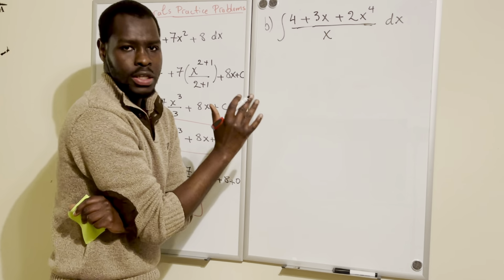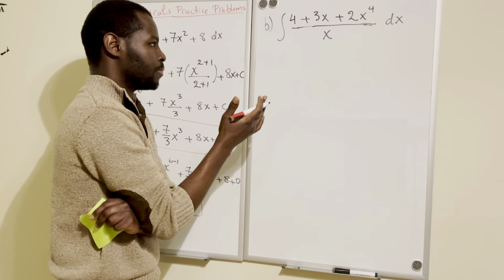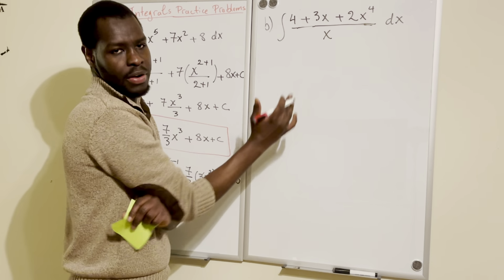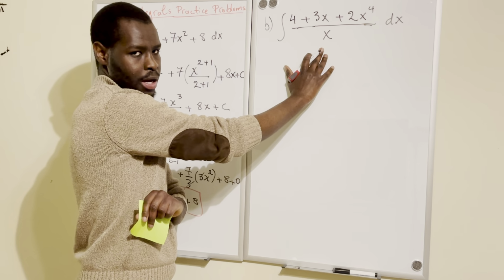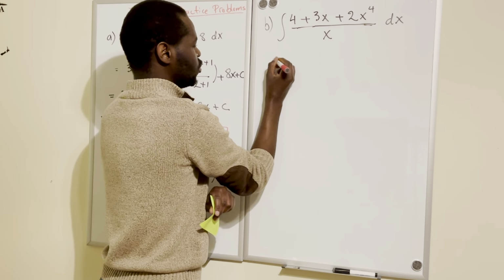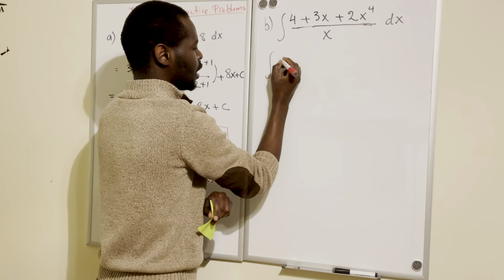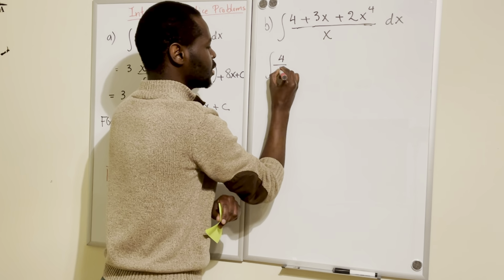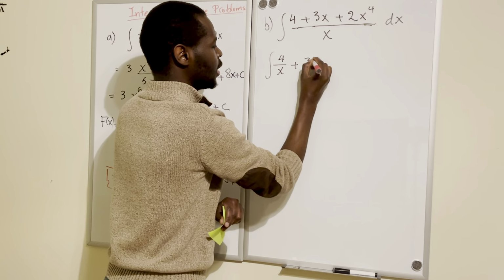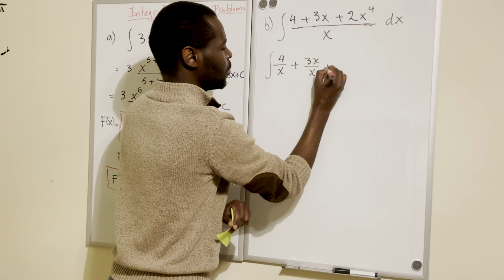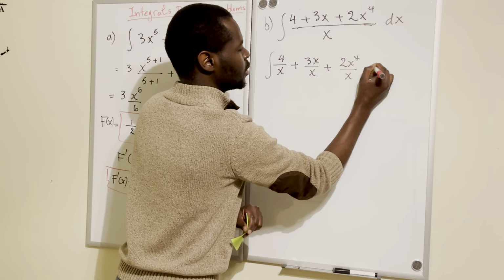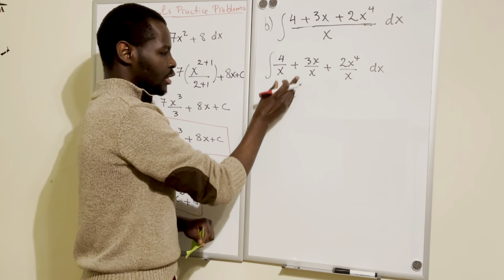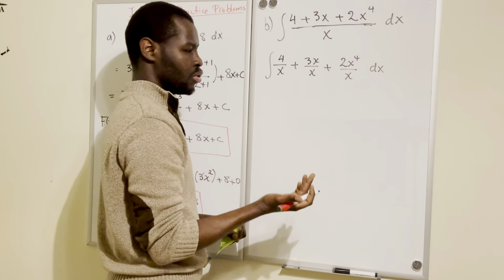So the best way to do this is to try to simplify this expression, so that at least I don't have to deal with the x at the bottom, right? So what can I do? I can just rewrite this as 4 over x plus 3x over x plus 2x to the power 4 over x dx. Now, these are a little bit easier to integrate, right?